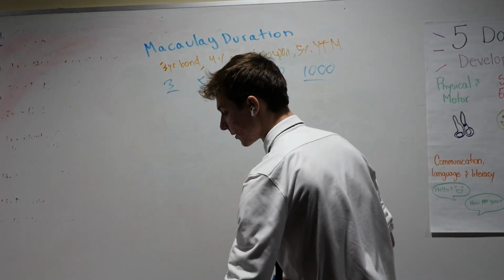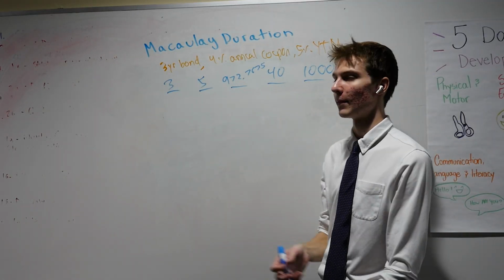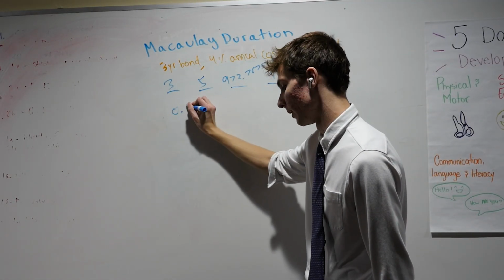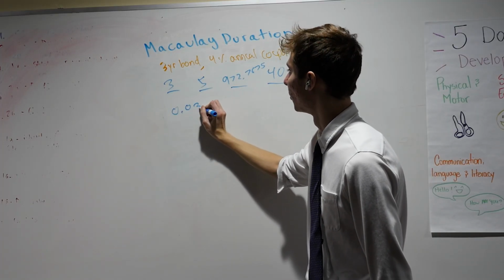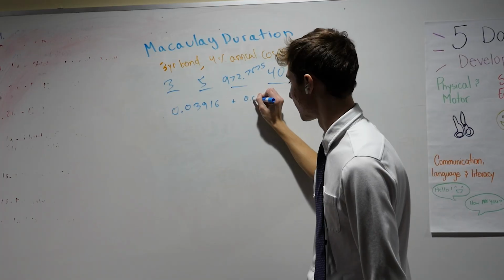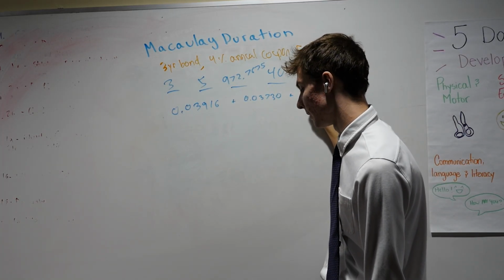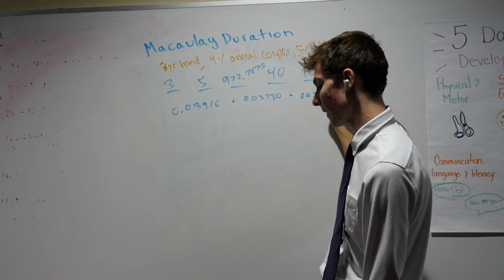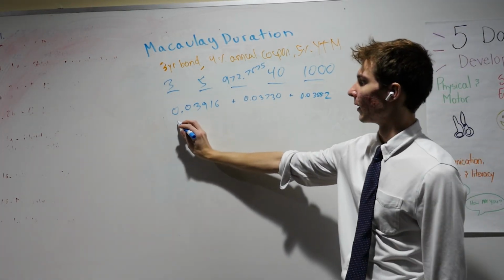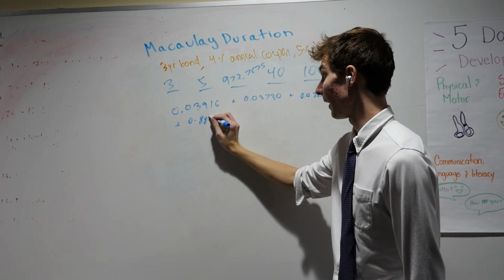So when you do 38.0952 divided by 972.765, this is what you're going to get for each one. You get 0.03916 for the first one, and then you get 0.03730 for the second one. And for the third one, you get 0.03552. And then for the last one, you get 0.8880.